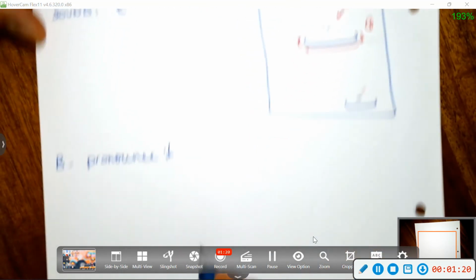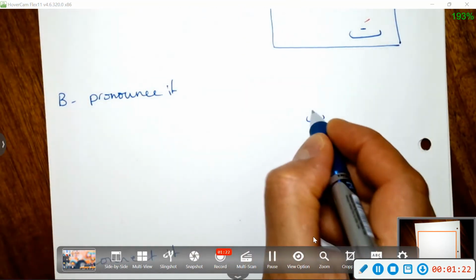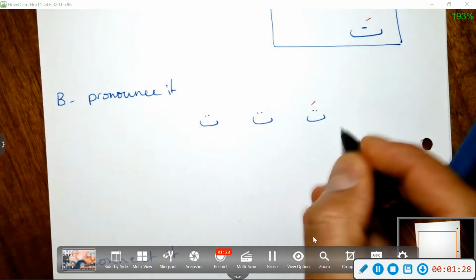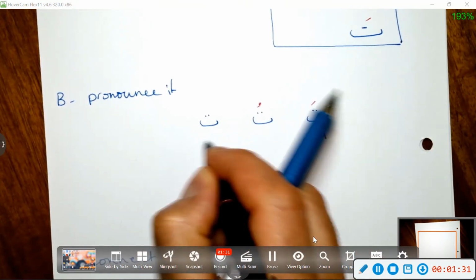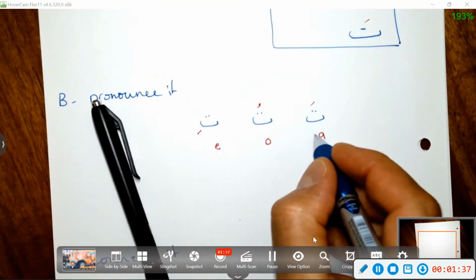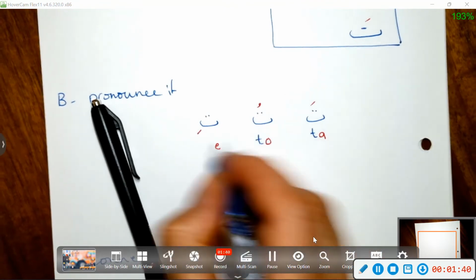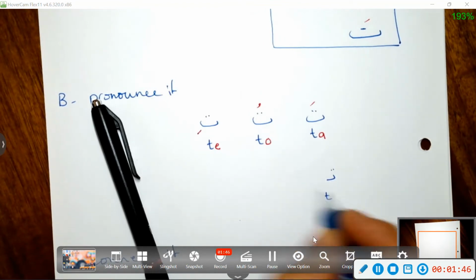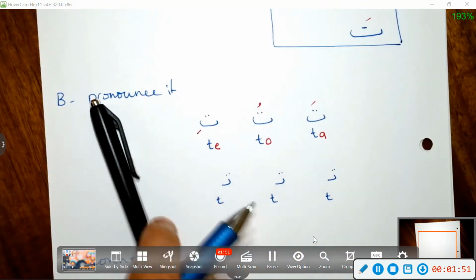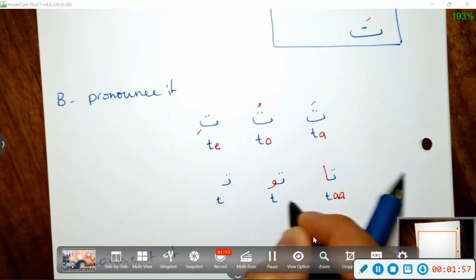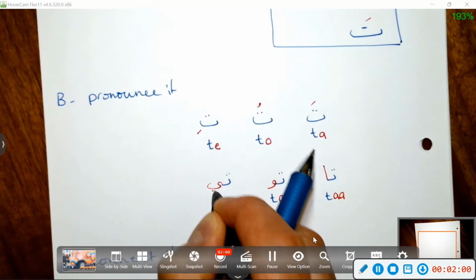How to pronounce it? Ta, tu, ti. And then with the long vowels, say ta, tu, ti.